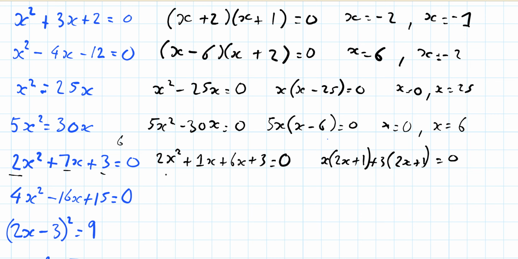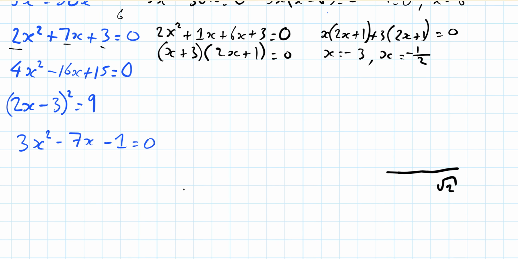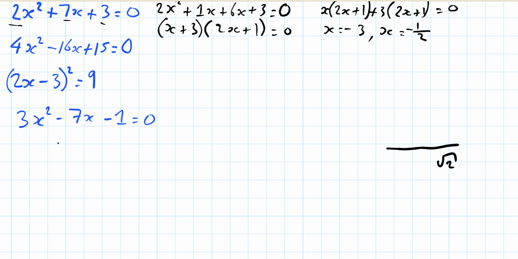So then we have x plus 3 and 2x plus 1 equals 0. So x equals minus 3 and x equals minus a half. Okay, next up we are gonna have this one here.